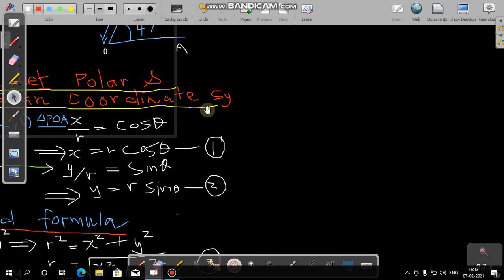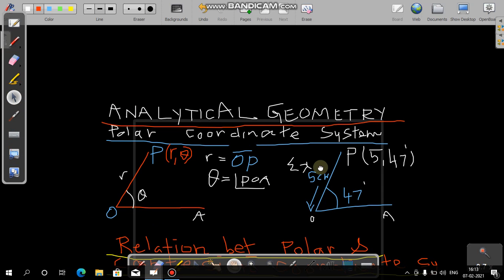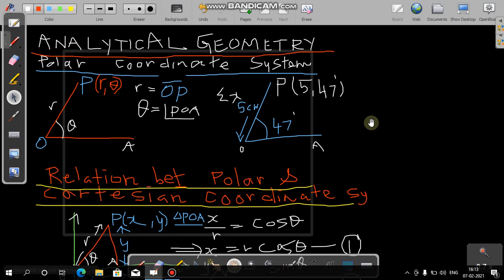So analytical geometry is nothing but the geometrical analysis of the connection between the sides and angles. So in your syllabus, the first topic is about polar coordinate system.